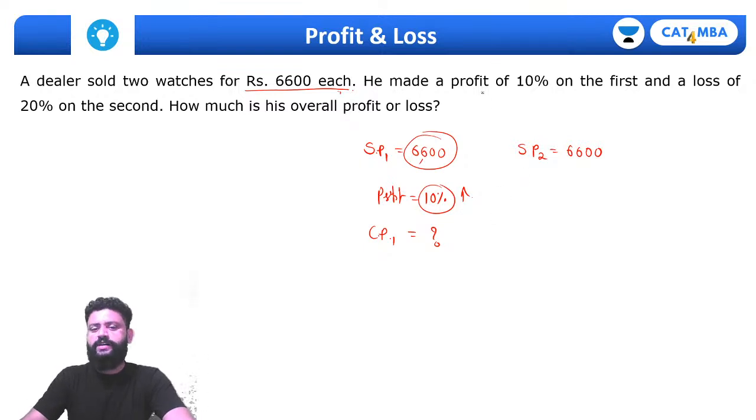Then on the second watch he loses 20%, so there's a loss of 20% here.